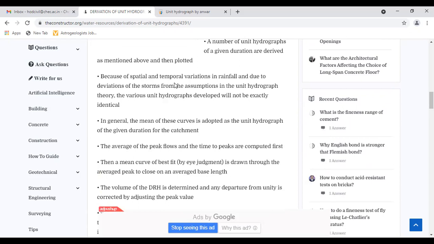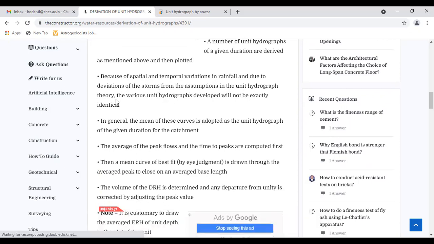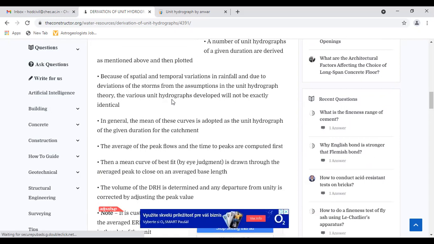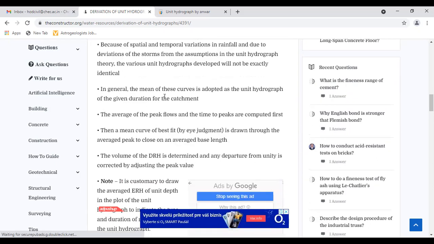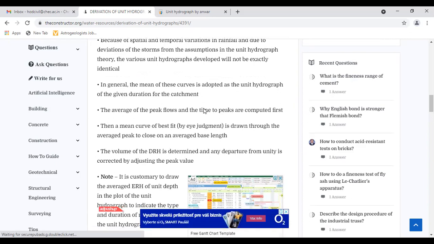Because of spatial and temporal variations in rainfall and due to deviations of the storms from the assumptions in the unit hydrograph theory, the unit hydrographs developed will not be exactly identical. In general, the mean of these curves is adopted as the unit hydrograph of the given duration for the catchment.